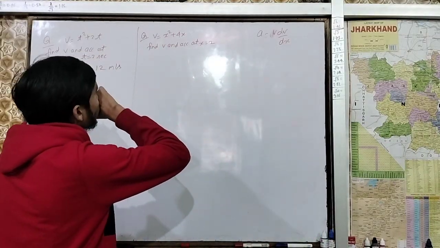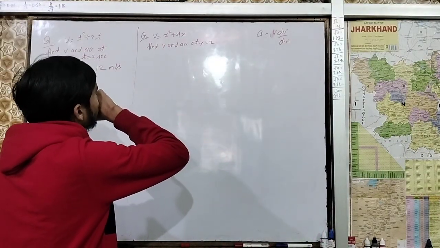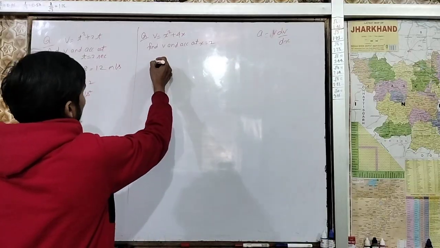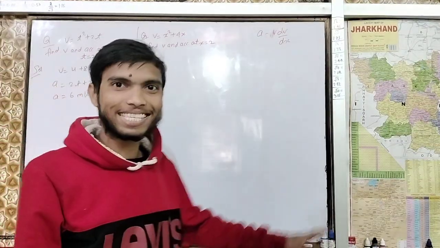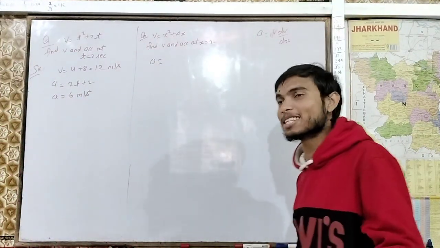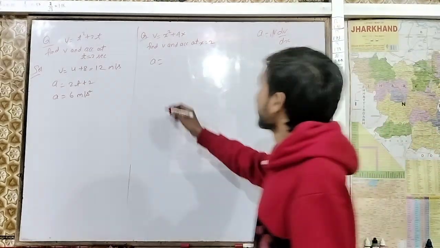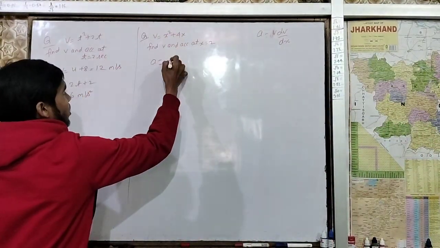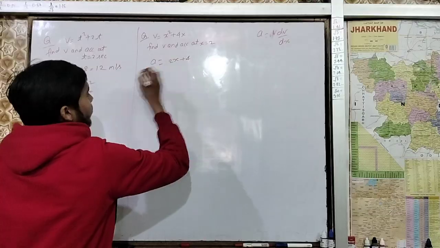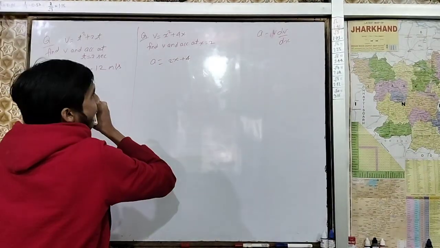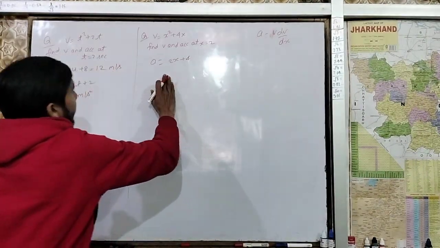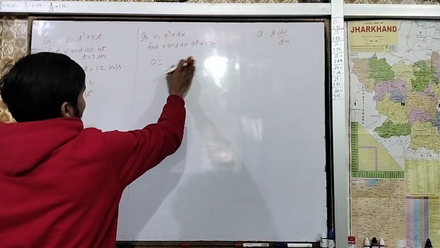Now tell me, can you not use this formula? Yeah, of course you can use it, brother. Use this formula, okay? So our differentiation of this x square will be 2x plus 4. But hold on.